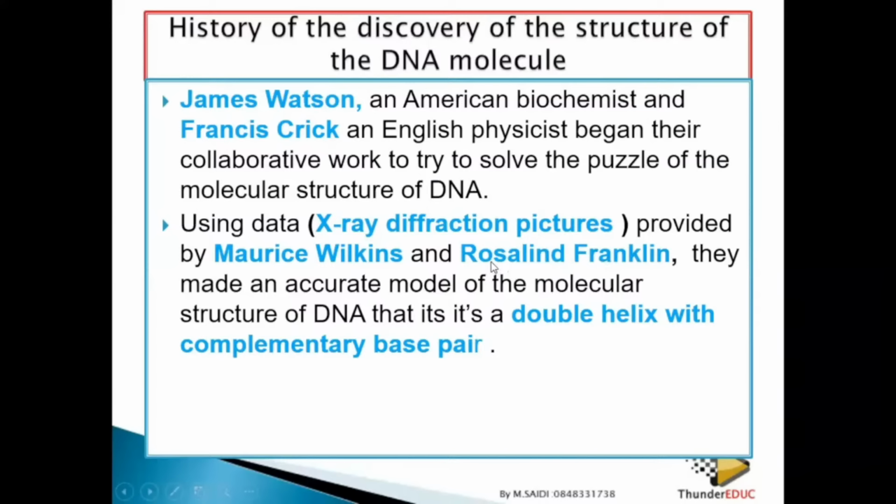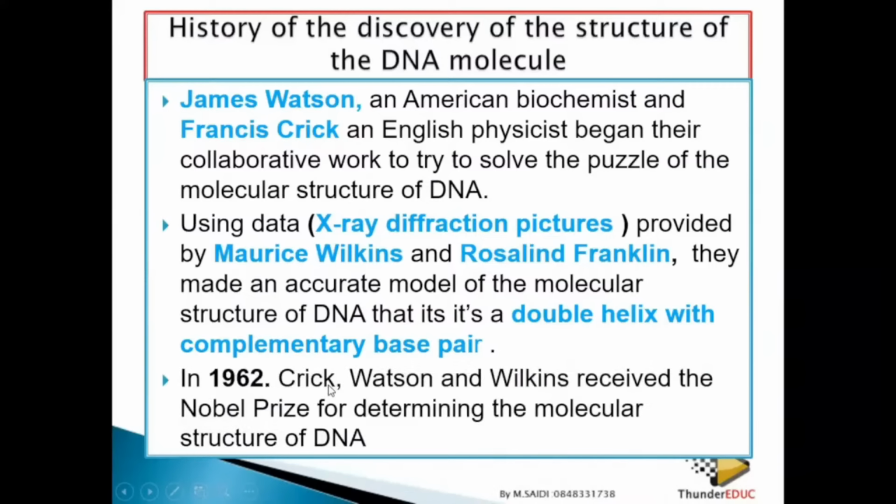Unfortunately, Rosalind Franklin died at the age of 32 before the Nobel Prize was given. In 1962, James Watson, Francis Crick, and Maurice Wilkins received a Nobel Prize for determining the molecular structure of DNA, a double helix with complementary base pairs.